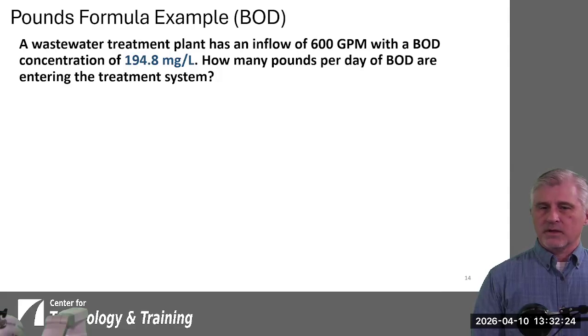The first thing we need to do is make sure our units are correct and consistent. So we're going to convert the flow. If you remember, the pounds formula requires it to be in million gallons a day.